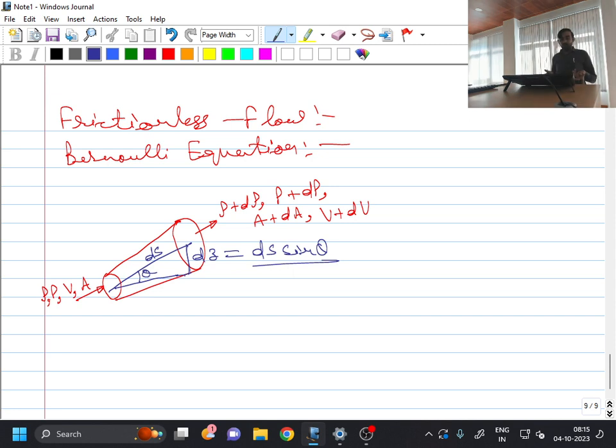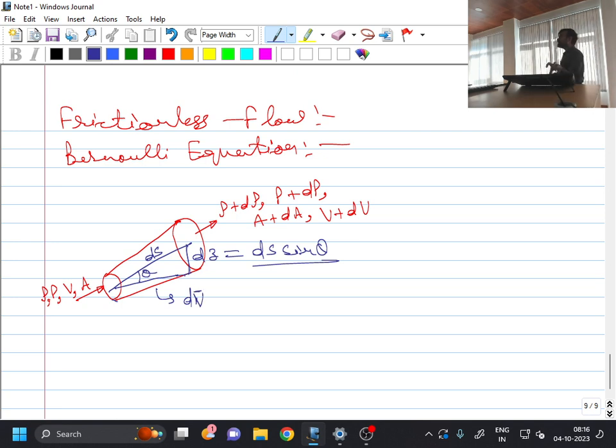Now what we will do is apply the Reynolds transport theorem for mass and linear momentum, particularly along the streamline. First let's apply the Reynolds transport theorem for mass along a streamline. Also let's consider that the volume of this stream tube is equal to dV bar.